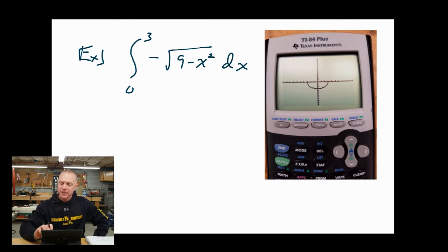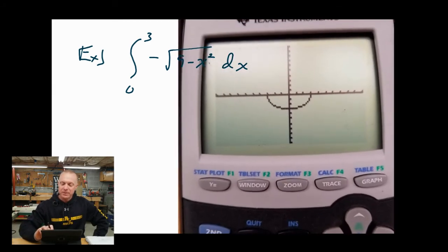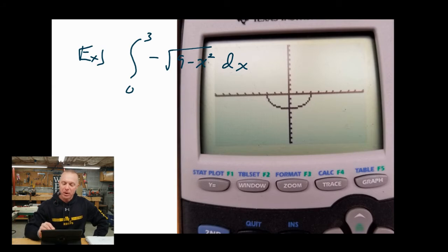But do you realize that we don't need all of this? Do you realize that we only need the part from 0 to 3? This is important when you start doing these problems on your own, that you realize where the area is. And in this case, it's only that little quarter of a circle, isn't it? It's just a quarter of a circle.